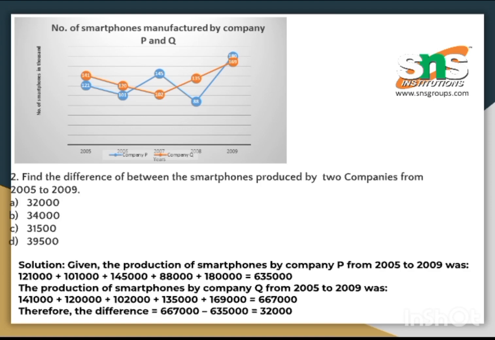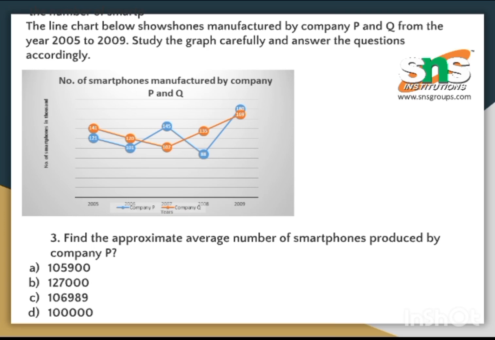Keeping that in mind, we will go for the next question. Find the approximate average number of smartphones produced by company P. We know the formula to find the average: the sum of all the data divided by the total number of data. In company P we will add all the data and divide it by the total number of data, which is 5.